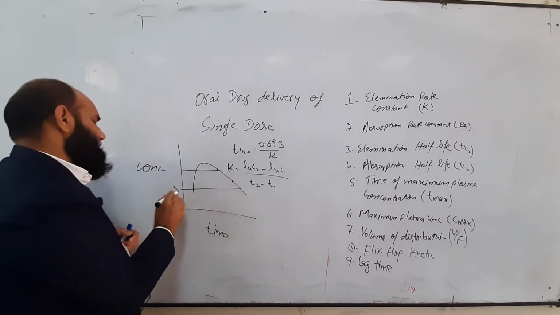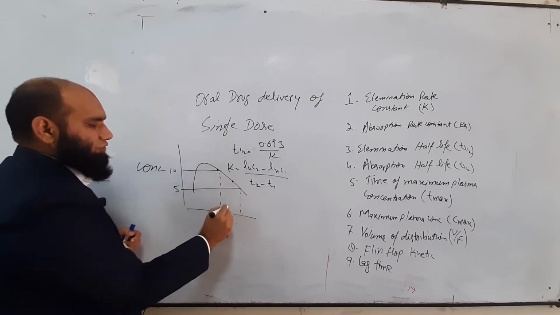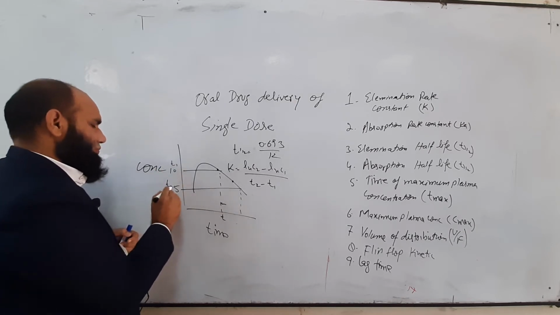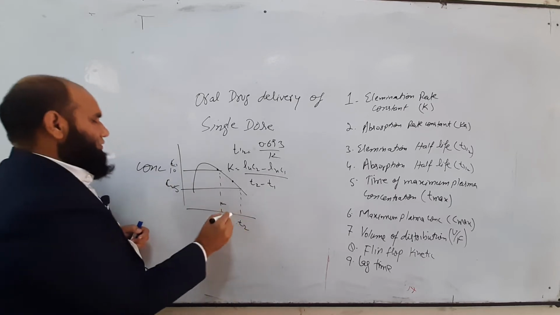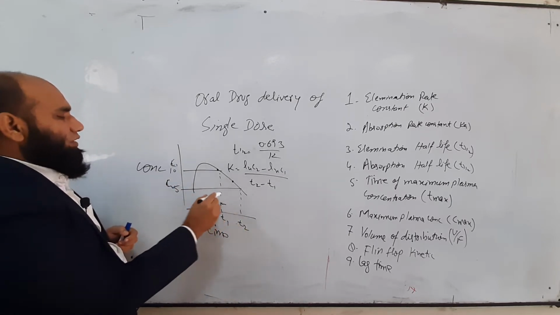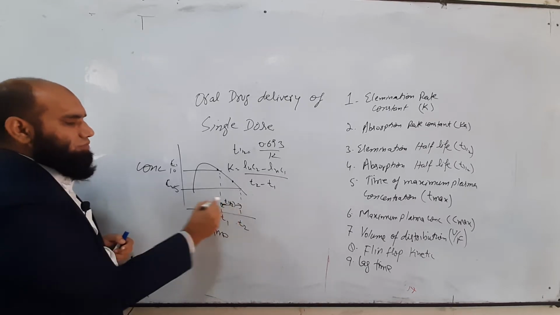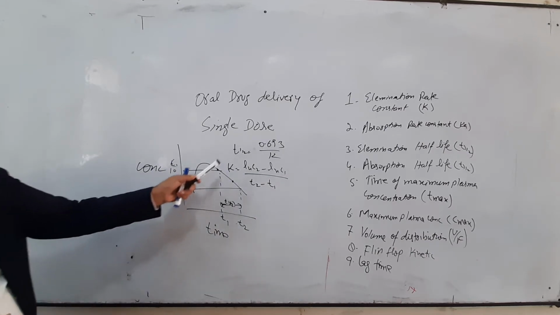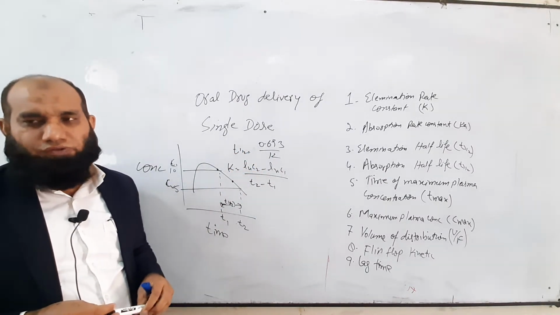For example, if it is 5 and 10, we take T1, T2, C1, C2, and then we have the difference of these. This is T half. T half can be calculated by the graph, by the curve, or by using the formula 0.693 over K.